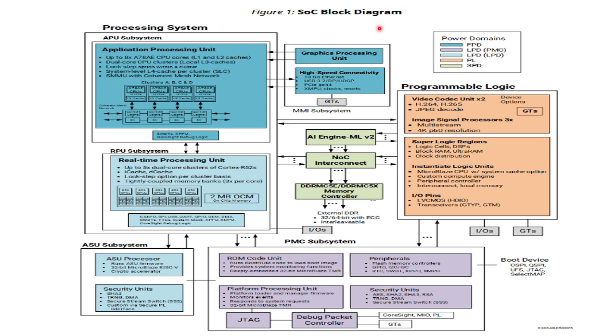Here we have some diagram. We have the PS, which is the processing system. It's this part, and close to it we see the graphic processing unit, which was mentioned a few seconds ago. Then high-speed connectivity, so it is interconnected with this processing system, with the high-speed connectivity, which is 10 gigabit Ethernet port, USB 3.2 interface, PCIe generation 4, which is very interesting.